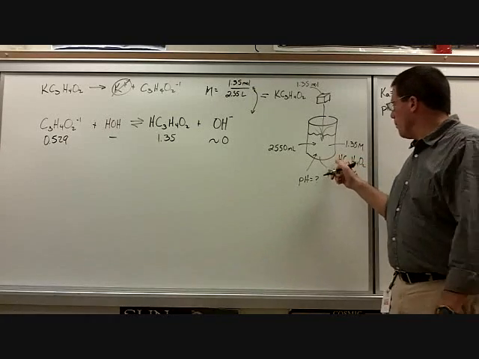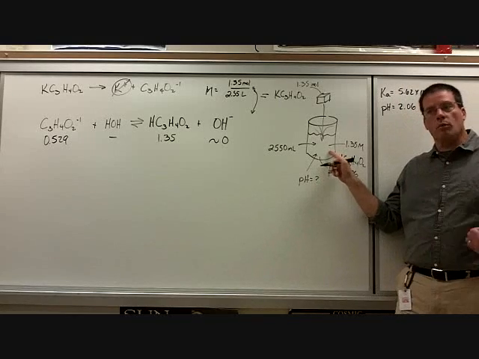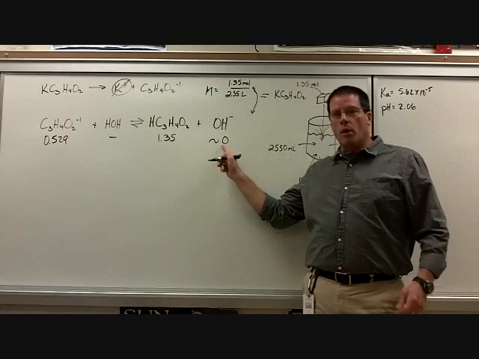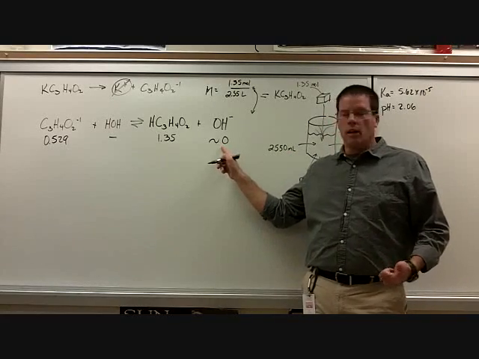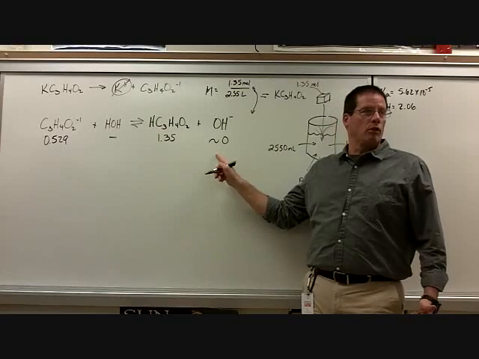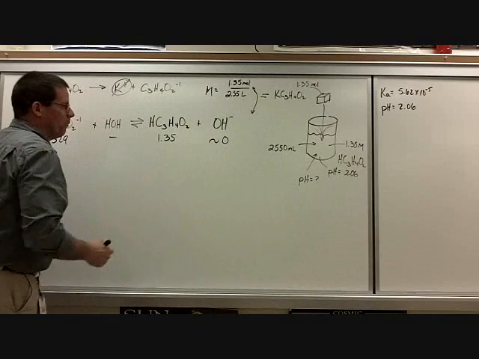So from earlier on in part A and B, we do have a concentration for the hydroxide because we have a concentration for the hydrogen. However, it's so small that we don't want to say it's 0. But don't get worried that it's approximately 0, because we get to use the 5% rule.